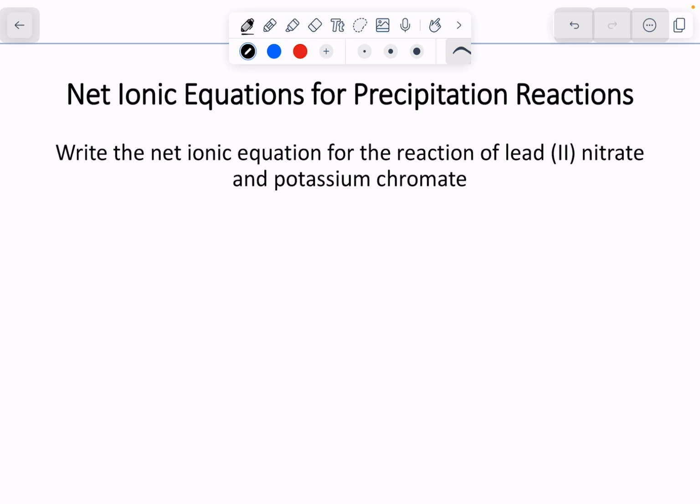So the first thing we end up doing is going to be the following. We're going to write lead 2, so Pb(NO3)2 aqueous plus K2CrO4.